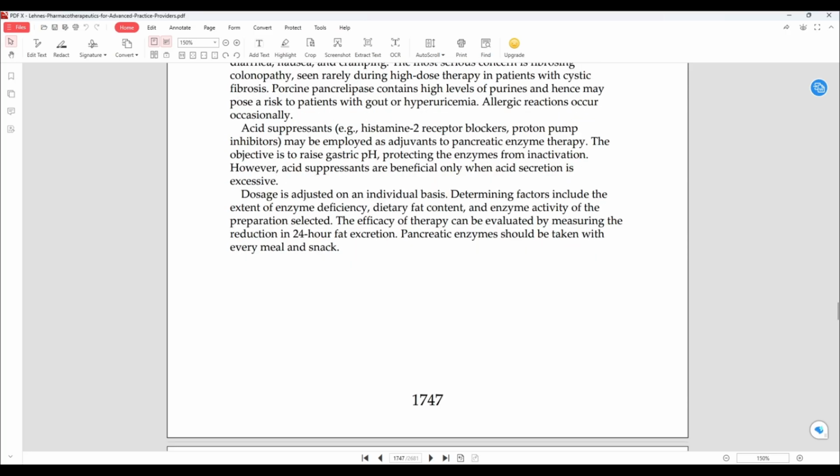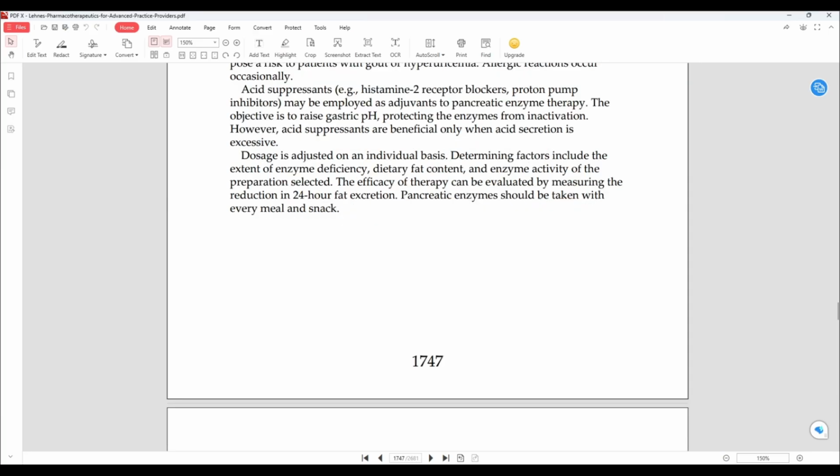Allergic reaction occurs occasionally. Acid suppressants, histamine 2 receptor blockers or proton pump inhibitors, may be employed as adjuvants to pancreatic enzyme therapy. The objective is to raise gastric pH, protecting the enzymes from inactivation. However, acid suppressants are beneficial only when acid secretion is excessive.